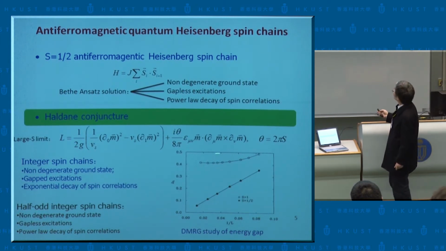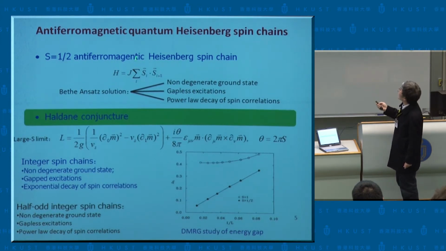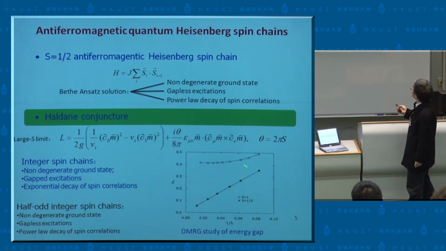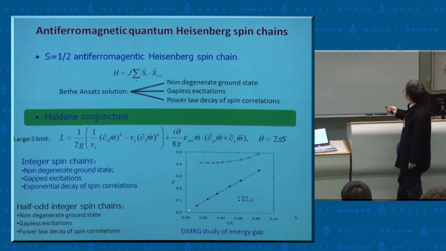And on the other hand, the numerical methods can also exactly calculate this Haldane gap. This is the Heisenberg model. You see the spin gap as a function of the length of the spin chain.